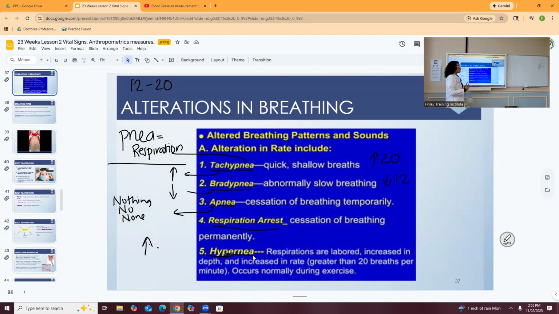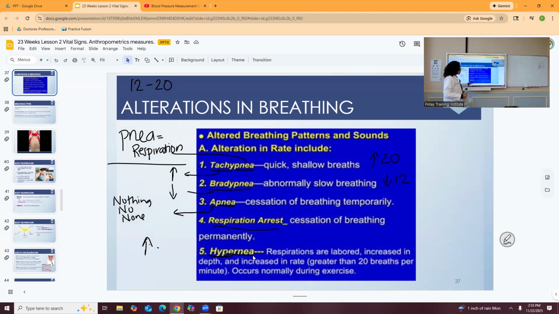So tachypnea is going to be quick and shallow, okay? I ran to the parking lot because I forgot my phone, and then I came back and ran upstairs to the second floor. I'm tired. Man, I'm tired. Quick and shallow, tachypnea.